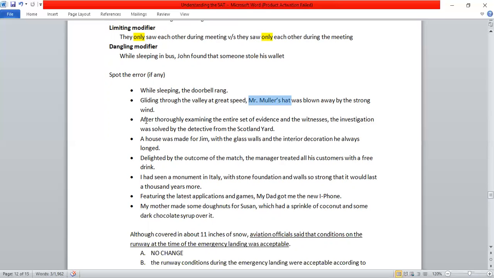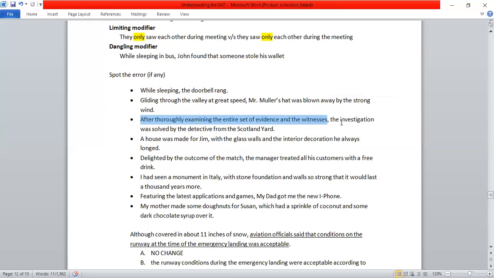Next one. After thoroughly examining the entire set of evidence and witnesses. So somebody is there, because until here, I don't know who's examining. After thoroughly examining the entire set of evidence and witnesses, so somebody is examining. Let's see who the somebody is. The investigation. Can the investigation examine something? No, right? Somebody has to do that.